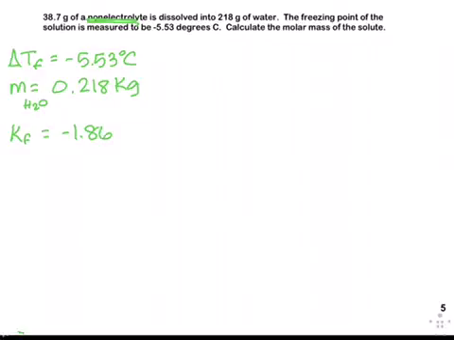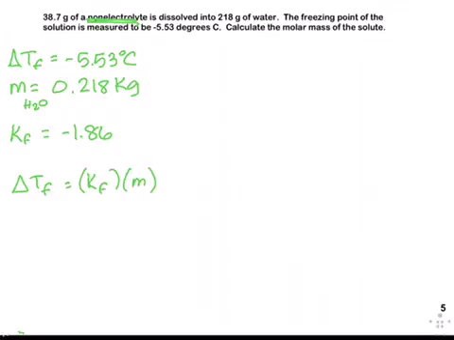How did I know to look up the water constant and not something else? Because it's dissolved in water. Good. And then we know this formula, delta TF equals KF times your molality.